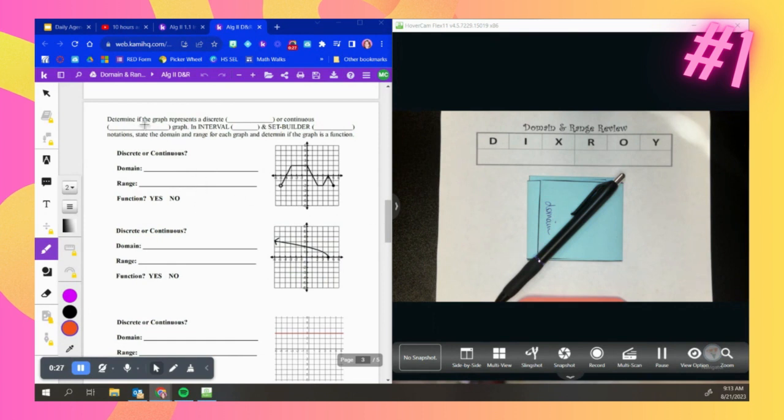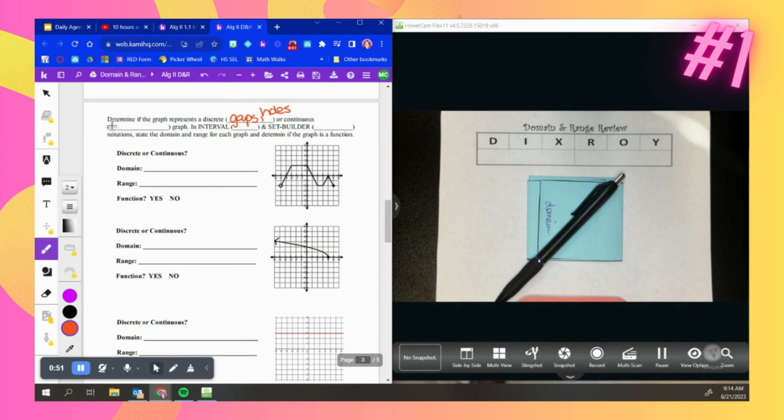So determine if the graph represents a discrete or a continuous graph. Discrete and continuous are two vocabulary words that represent the type of graph we're talking about. A discrete graph has gaps or holes, which is the opposite of a continuous graph.